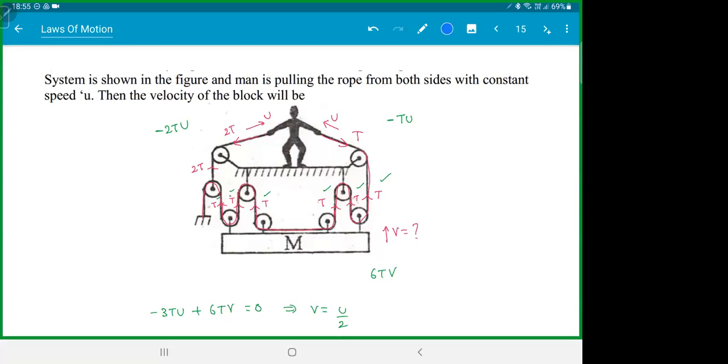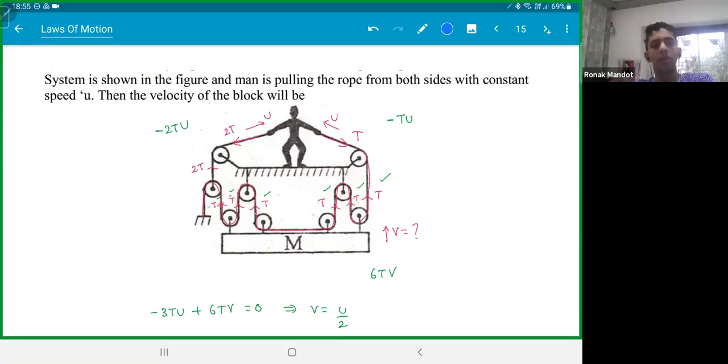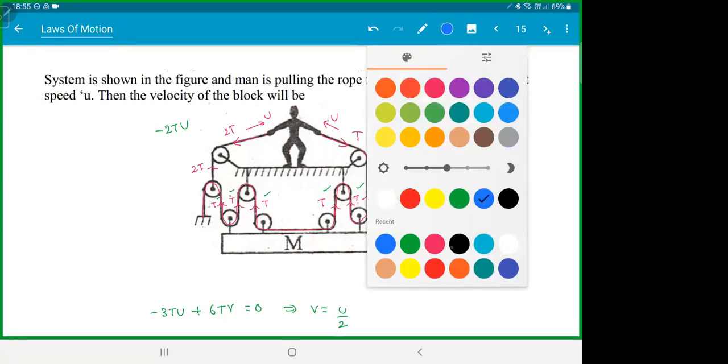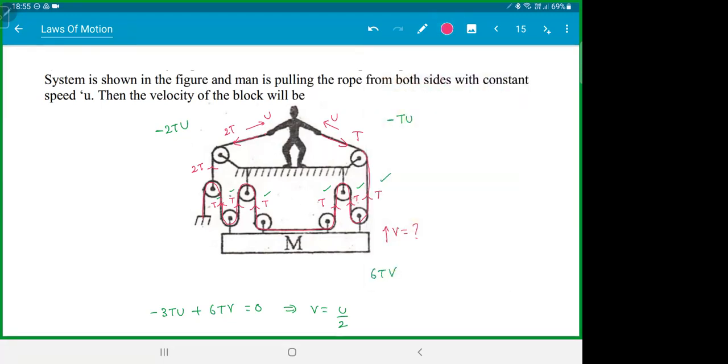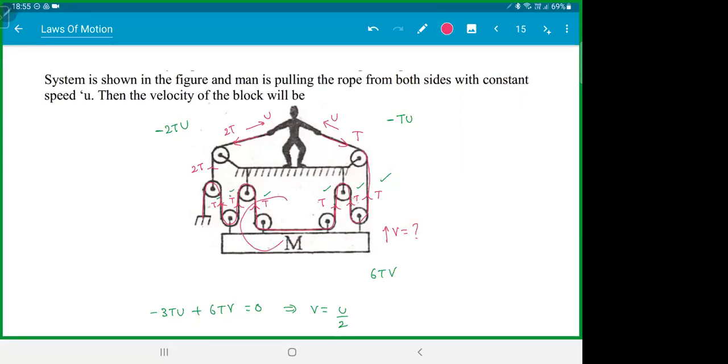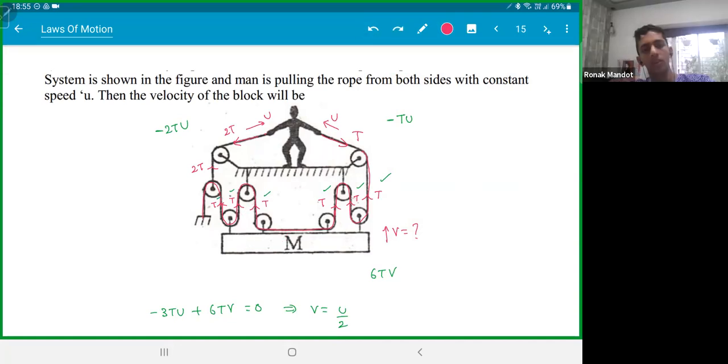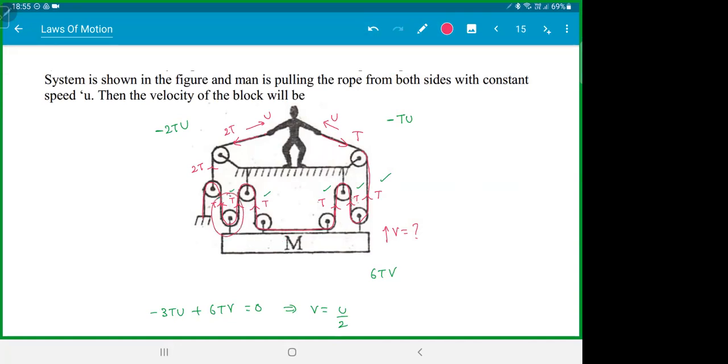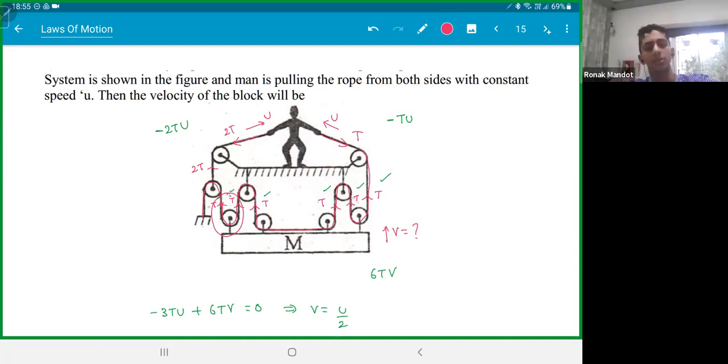Sir, I did this, but won't there be another tension in the string? Since the lower pulley is being pulled by two tensions, the tension on the block would be 2T upwards. Which pulley are you talking about? This pulley, for all the pulleys connected to the block. So this is only 2T. Where did you get this 2T from? Okay, understood.